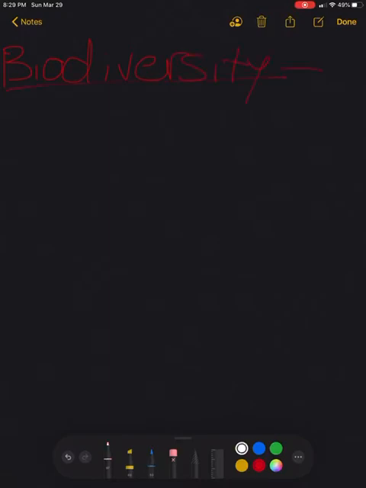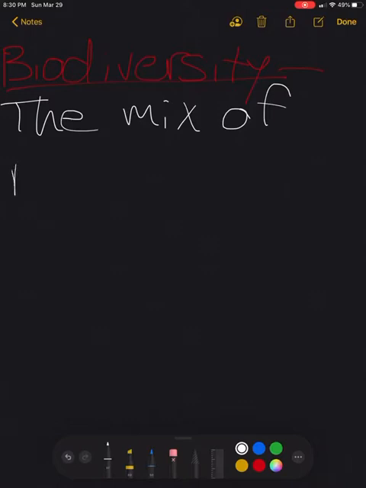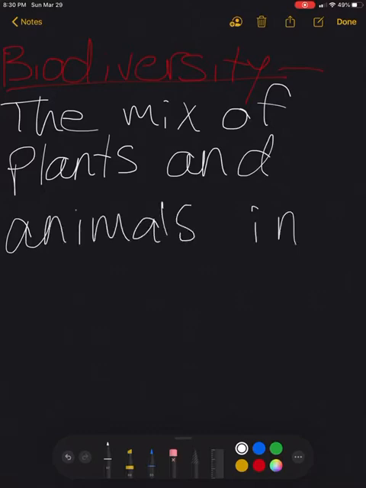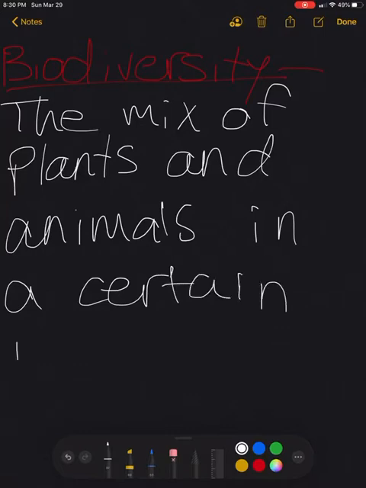So my definition of biodiversity is the mix of plants and animals in a certain place. So I have what I have from the article of plants and animals and how they all live in the same place.